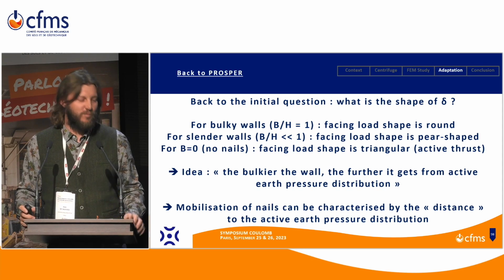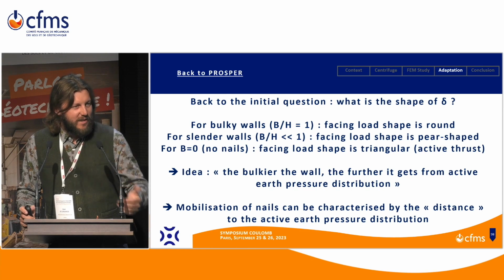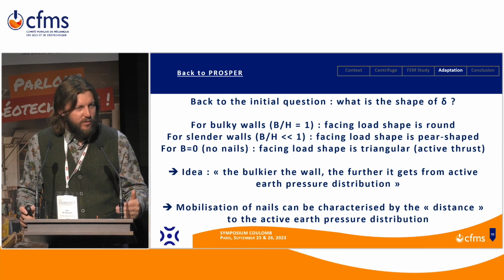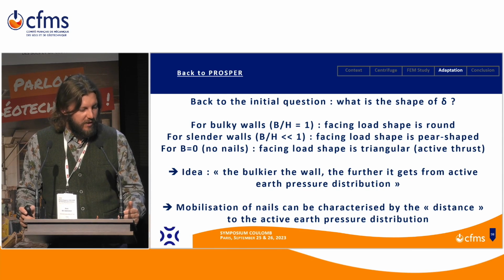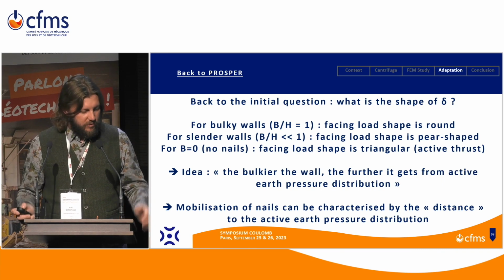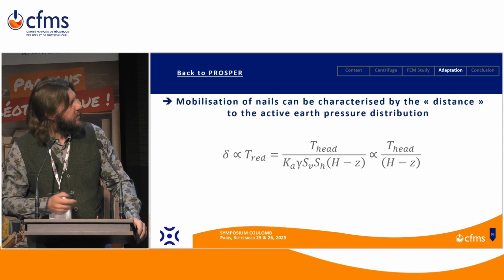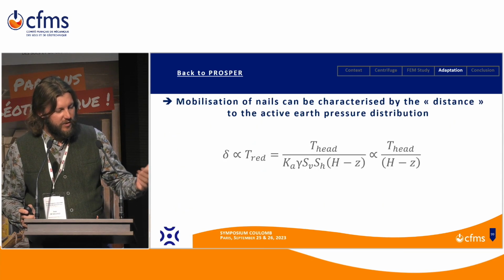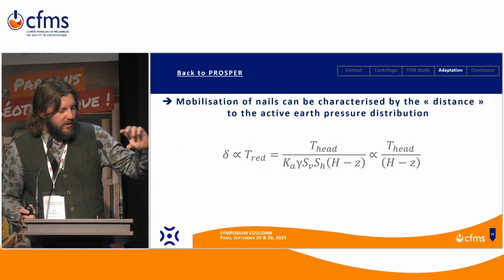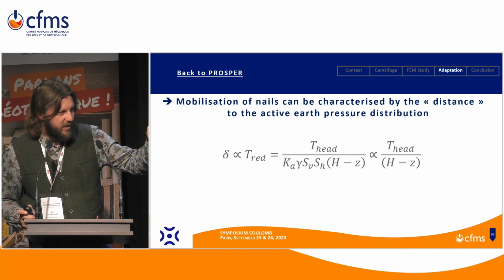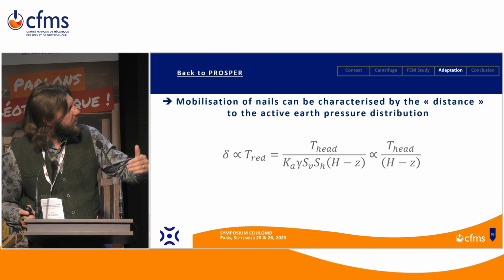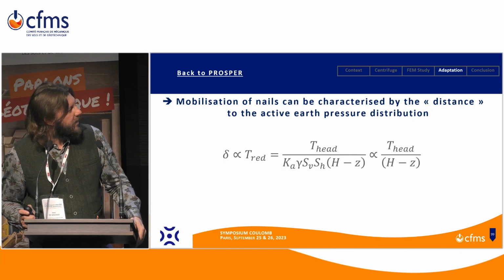far from earth pressure. And my idea was then to say I can characterize the mobilization of nails, the effect, by this distance to the active earth pressure distribution. So I introduced this distance, the ratio between what is observed at the facing and what we would observe in a case of active earth pressure.